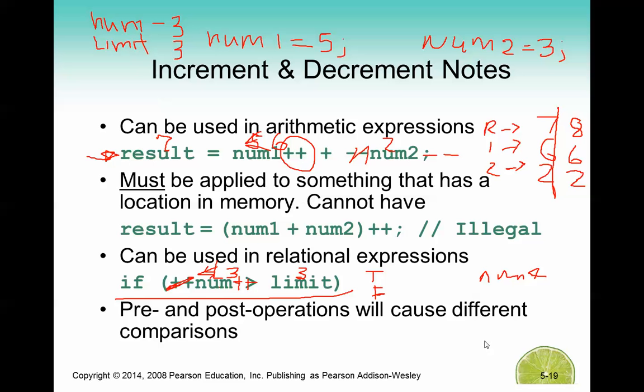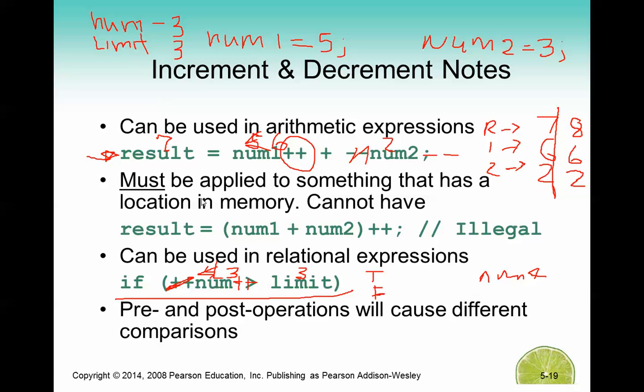When the plus plus is on the left, the statement is going to be using the new number. And when I put it on the right-hand side, it's going to be using the old number. So it's going to make a difference.